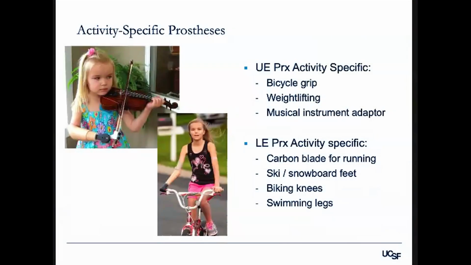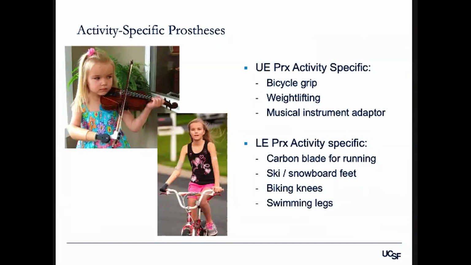With regard to activity-specific devices, children who require prostheses are generally highly active and interested in a wide array of activities. So these activities often require the provision of a separate or secondary prosthesis with activity-specific components.